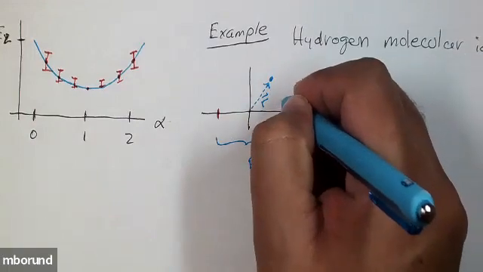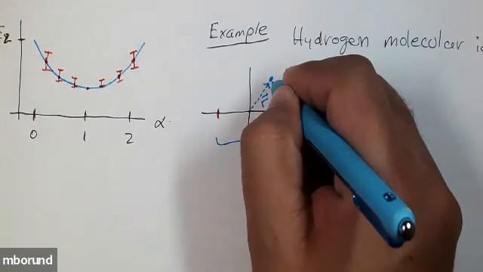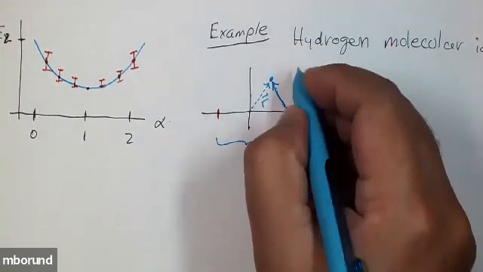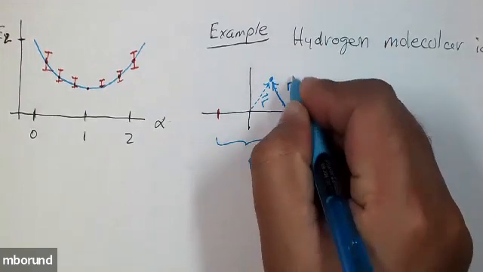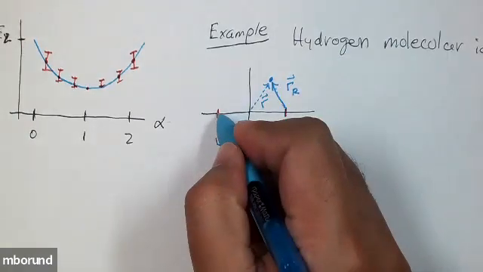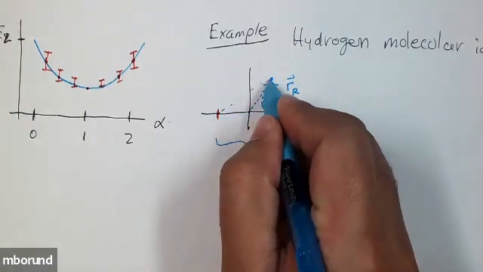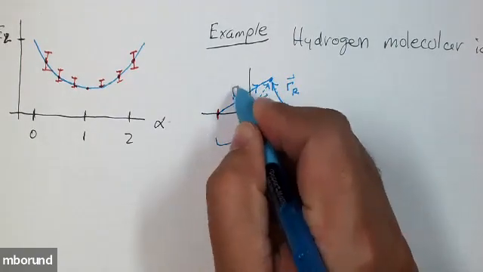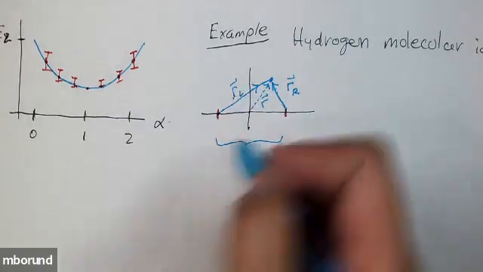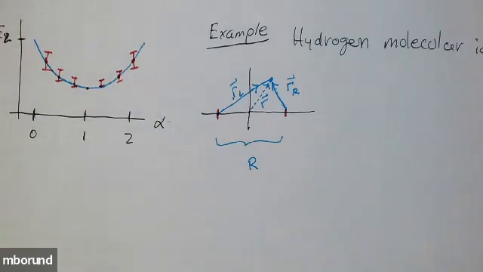So there's a vector going like this. Let's call this one R to the right. And then there's another one coming this way. Let's call this one R to the left. Okay. So this is the hydrogen molecular ion.